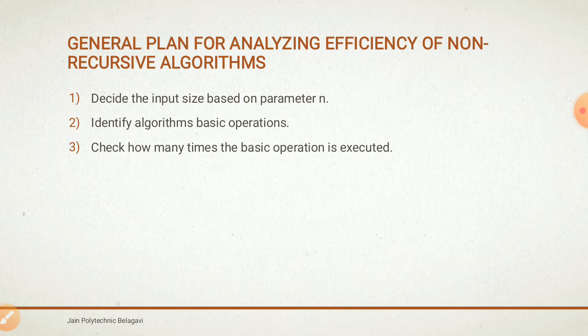Based on that, determine the worst case, average case and best case for input size n. If the basic operation depends upon the worst case, average case or best case, then that has to be analyzed separately. That is the third step.